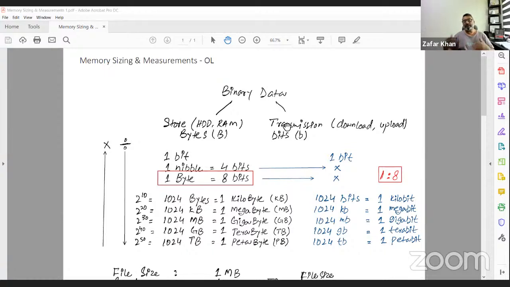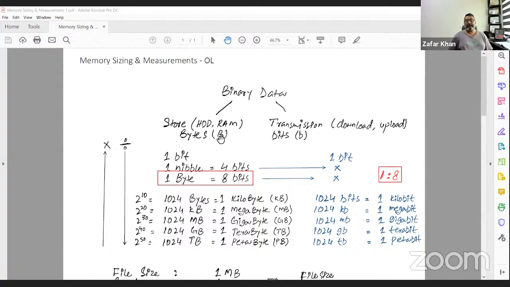So when the data is on the move, whether Wi-Fi, Bluetooth, or internet, it is being uploaded and downloaded. When the data is being uploaded or downloaded, basically we look at the data in terms of bits. But when the data is stored and it is in stationary position, whether it is in the RAM or the hard disk or whatever, we actually look at it in terms of bytes.